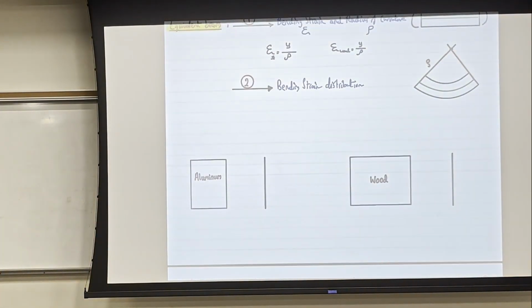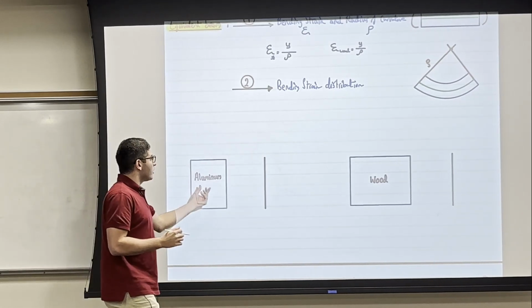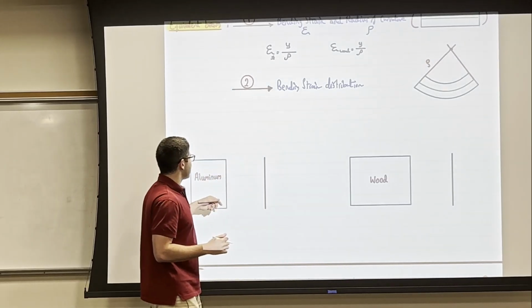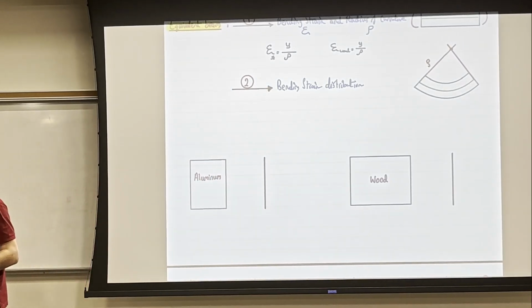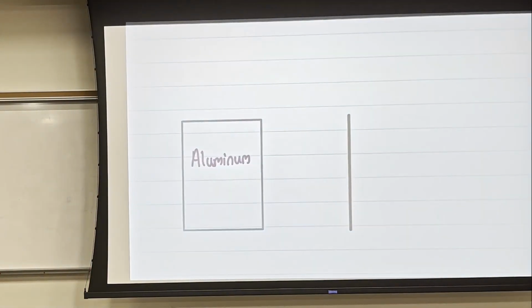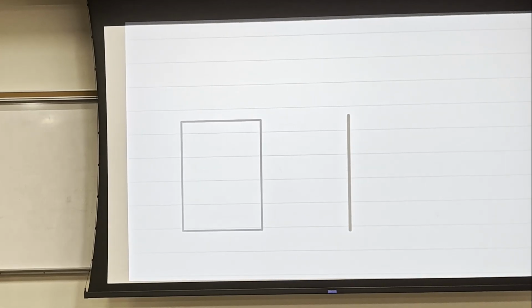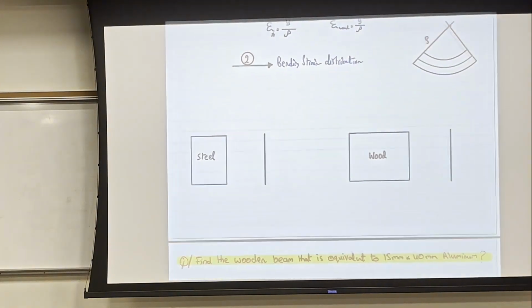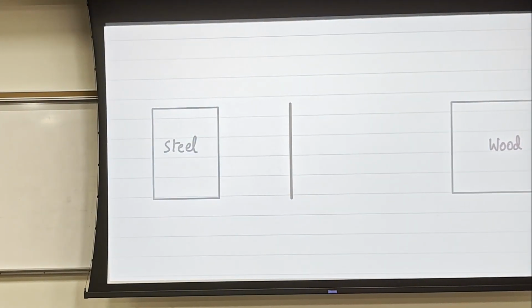So here's the condition. The second condition is the bending strain distribution. I want both of them, steel and aluminum, or, let me write it here, as steel, sorry, to have the same bending strain distribution.